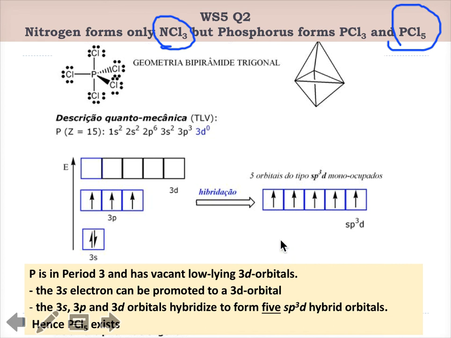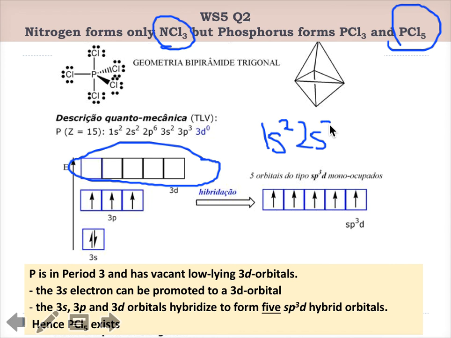In the case of phosphorus, phosphorus can use the energetically accessible 3d orbitals, but nitrogen cannot, because the electron configuration of nitrogen is 1s2, 2s2, 2p3.